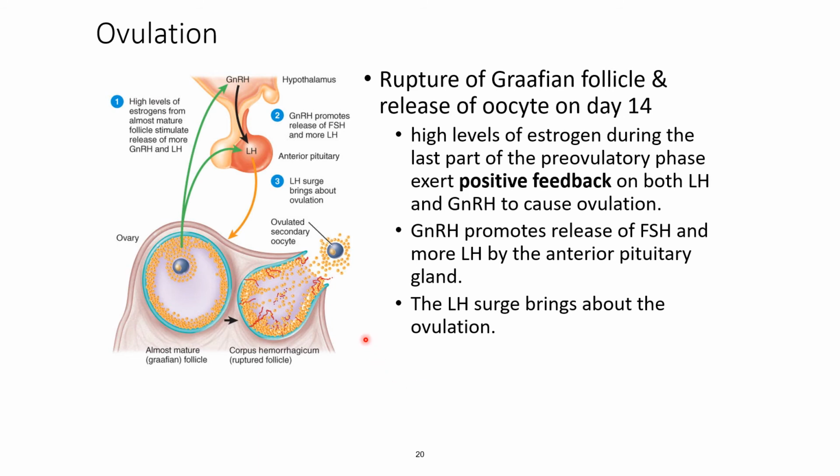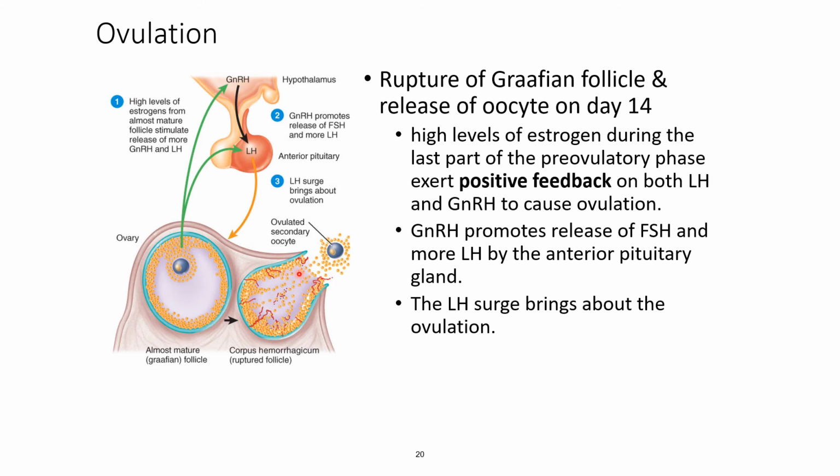And here you see the effect of estrogens stimulating the hypothalamus and the anterior pituitary. The consequence of increased estrogen levels is that luteinizing hormone levels rise, and luteinizing hormone produces a tremendous growth in the size of the follicle, and this growth continues until the follicle ruptures and breaks through the wall of the ovary.